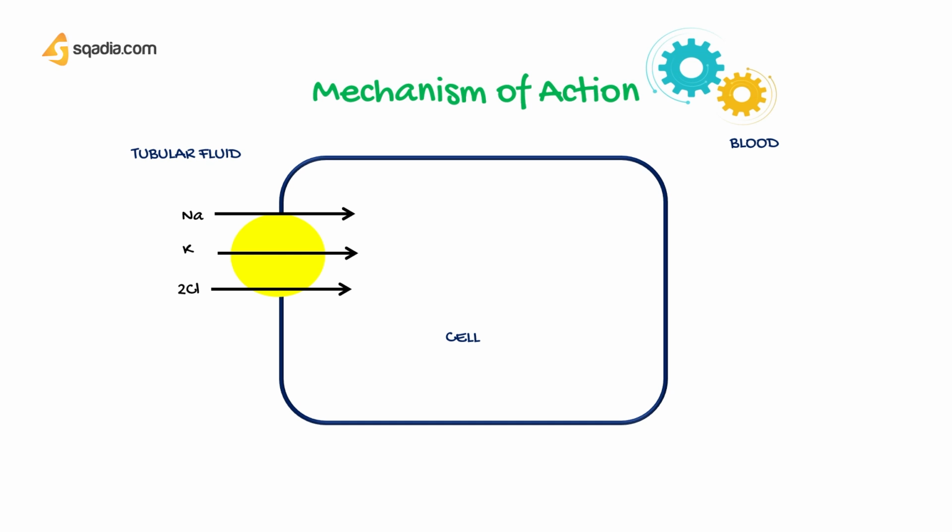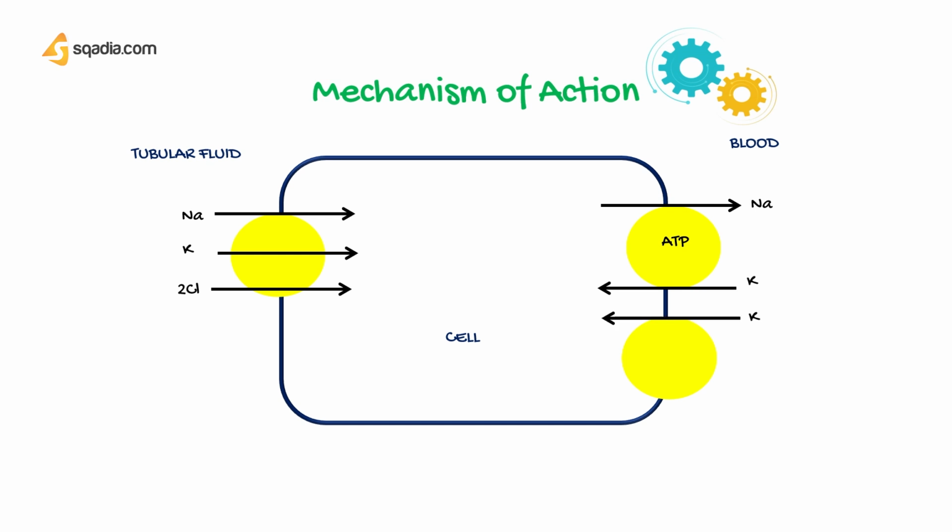Then we will see that on the basal side there is sodium potassium ATPase, and similarly on the same side there is another transporter which will transport potassium and chloride into the cell. Then on the apical side you can see there is a potassium selective channel.